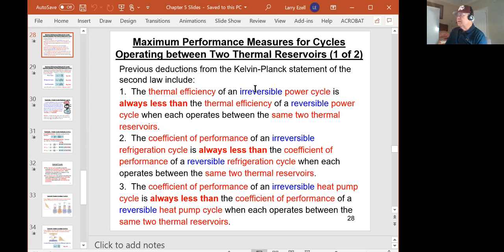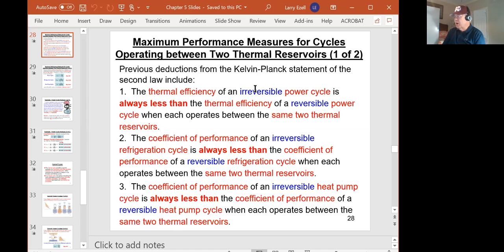So here's another way to say it. If you've got an actual cycle between these same two temperature ranges and its thermal efficiency is equal to the maximum possible thermal efficiency, or the Carnot efficiency, that is a reversible cycle. If you have a real cycle operating between the same two temperature limits and its efficiency is less than the Carnot or reversible efficiency, that's possible.